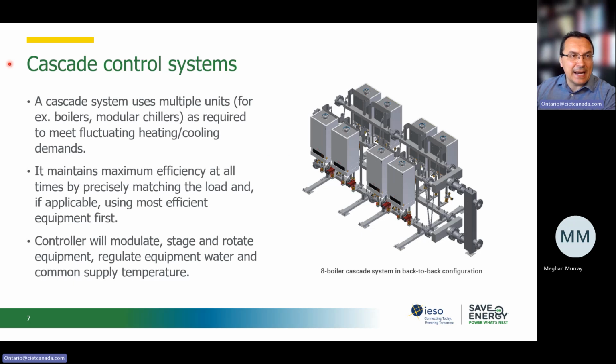So we basically rely on multiple units, and we make sure that we keep in operation those items of equipment that can maximize the overall efficiency of the system. In this case, the example shows a modular system with 8 boilers.